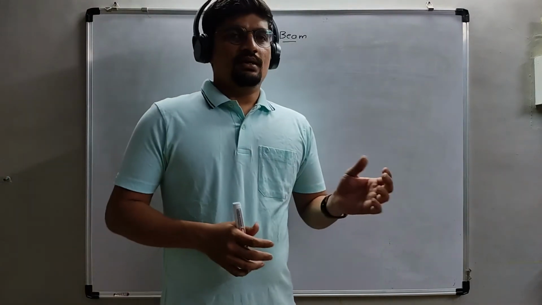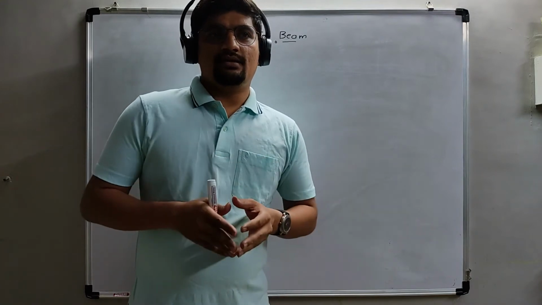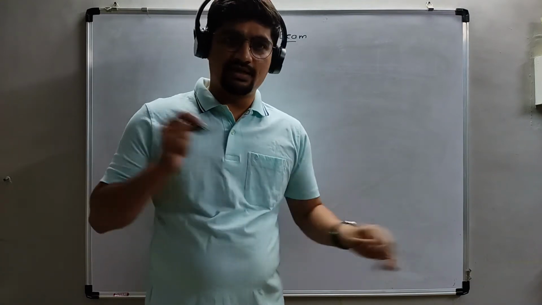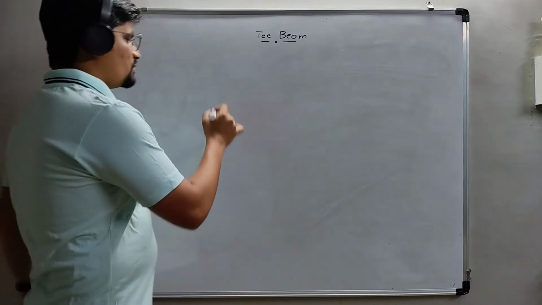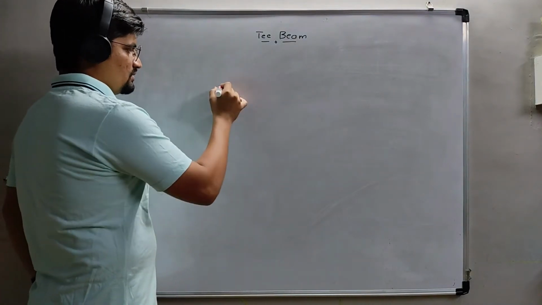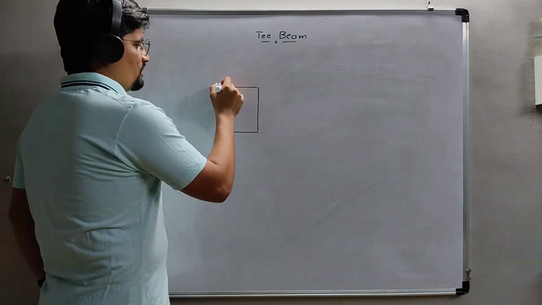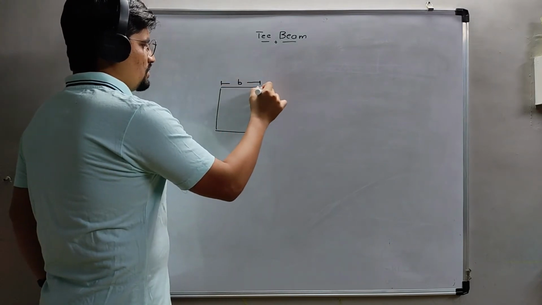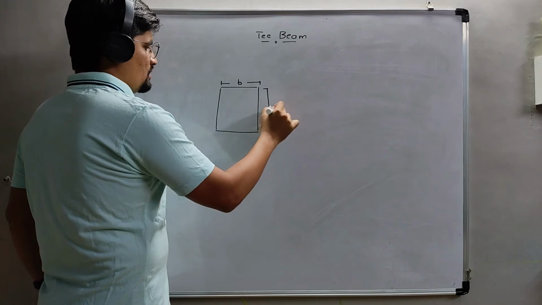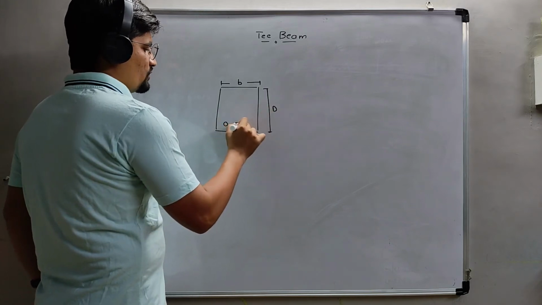We have discussed the singly reinforced beam. In a singly reinforced beam we were drawing one beam of width B and depth D, and here we were providing reinforcement.